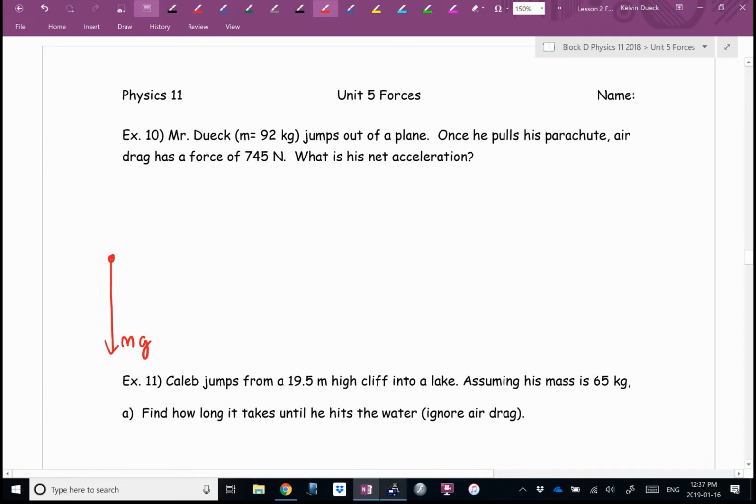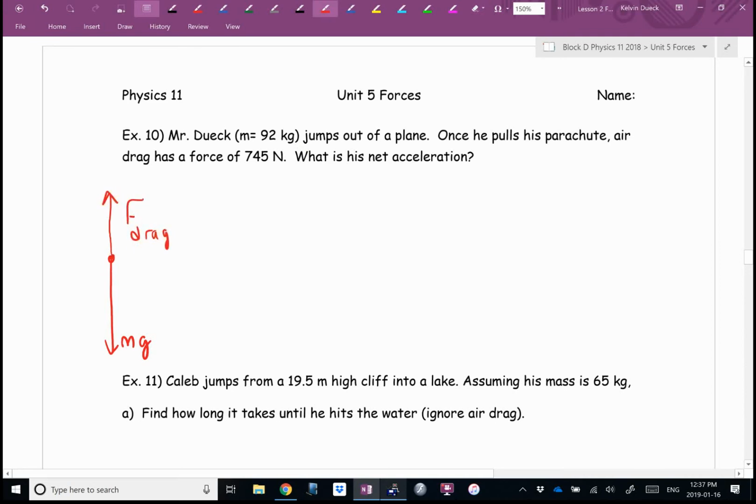I don't know. Oh, it's going to be 92 times 10, roughly, 920. mg is 92 times 10. mg is roughly 920. Air drag is, right now I'm at the stage where I'm still accelerating down.